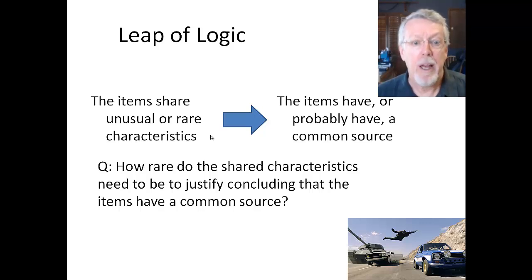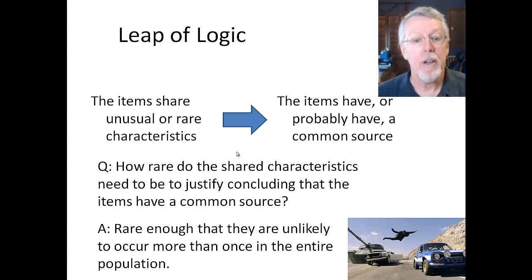You could ask, for example, how rare do the shared characteristics need to be to justify concluding that the items definitely have a common source? The answer to that is not obvious, and if you ask forensic scientists this question, often they are not able to tell you the answer.